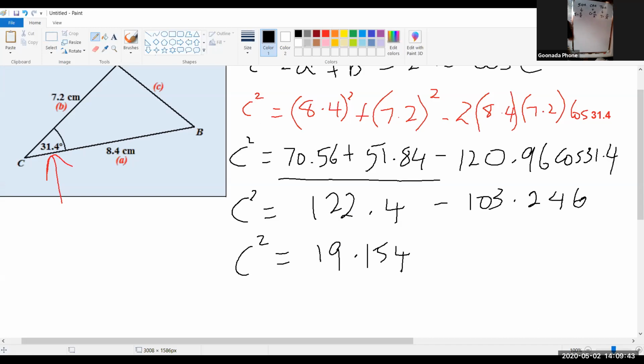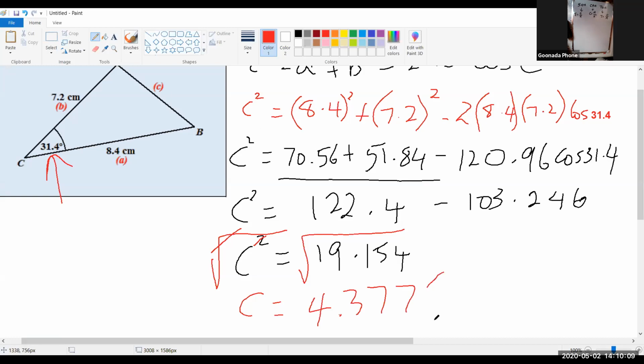But that's c squared, but we don't want c squared, we want c. So to get rid of a square, you have to find the square root. So this square root cancels with this square, you get c is equal to the square root of 19.154, which is 4.37, if you want to leave it like that, or 4.377 to 3 decimal places.